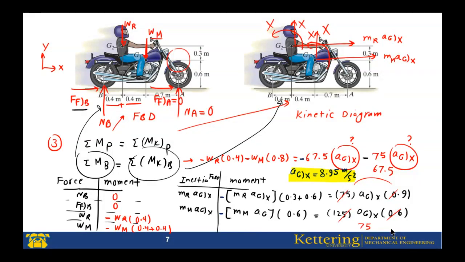Where does the 0.4 go? 0.4 is the moment of the weight. This is the moment of the weight of the motorcycle. This is the moment of the weight of the bike. The summation of all of this one is that. Okay, that helps. I was not following. I'll ask you all later.